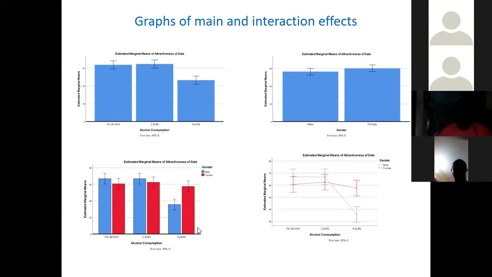But when they take 4 pints, they are drunk, so the judgment of the male is grossly impaired. That's what it shows. When you look at the interaction graph, the line graph is showing the same thing. I think this bar chart is clear and easier to interpret. I don't know if there's any other question.